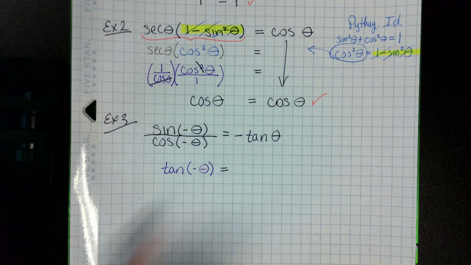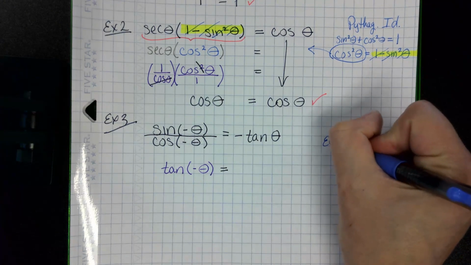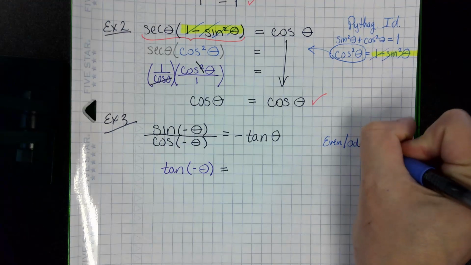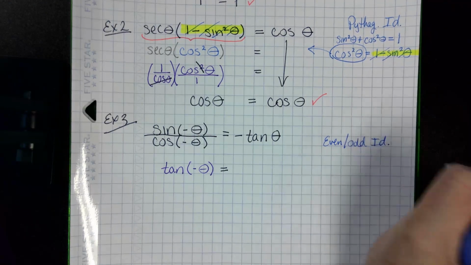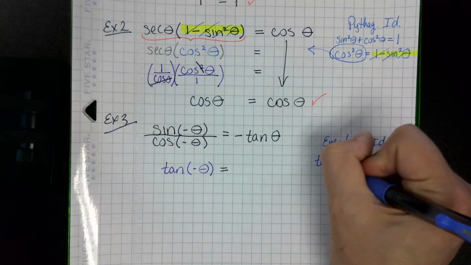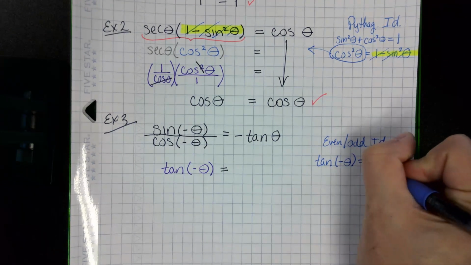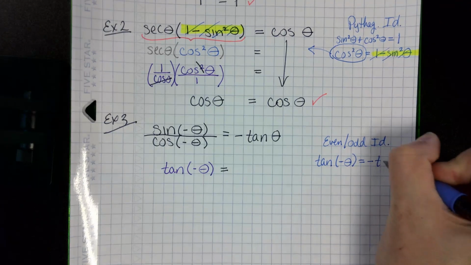All right, so I have tangent negative theta. I'm like, okay, well, what am I going to do with that? So I look at my formula sheet because I'm kind of stuck. I'm like, I don't really know. And when I do that, I see there is the even-odd identity. And the one that has tangent in it tells me that tangent of negative theta is equal to negative tangent theta.